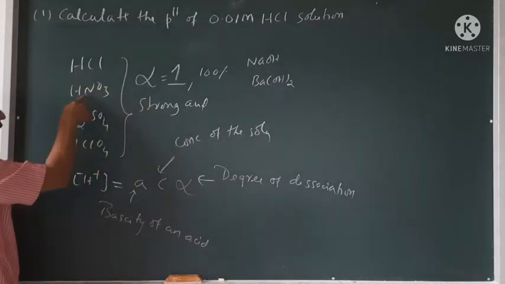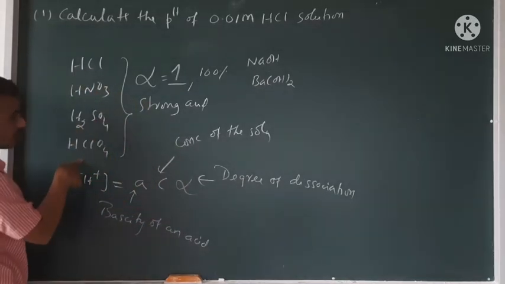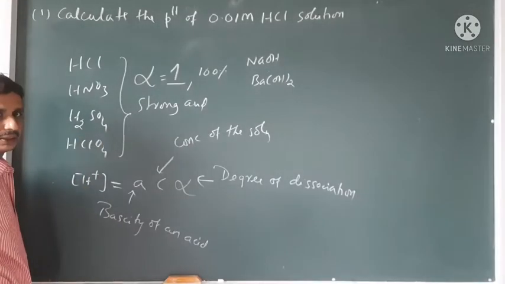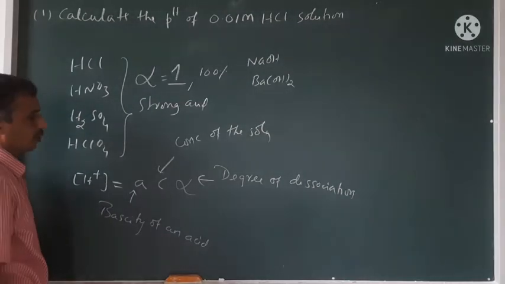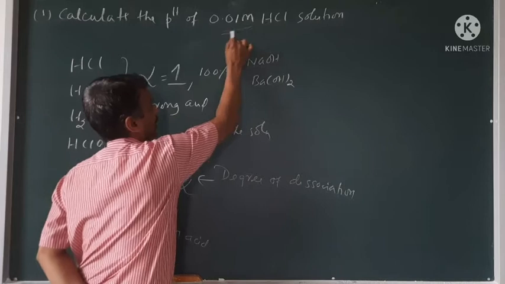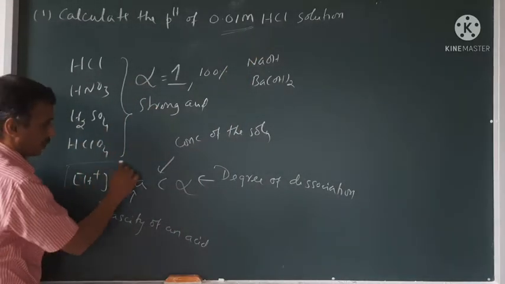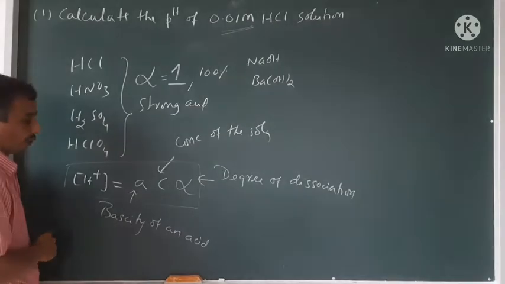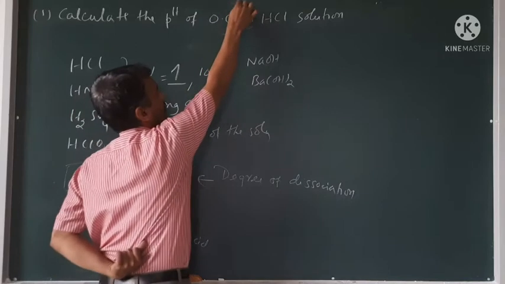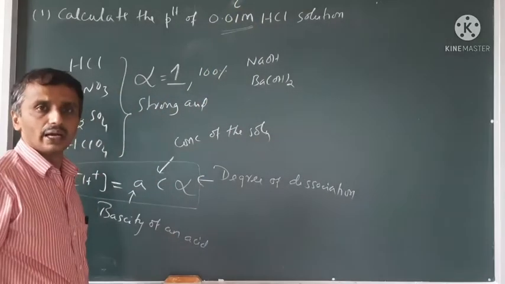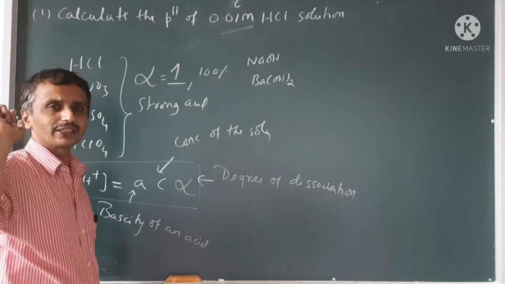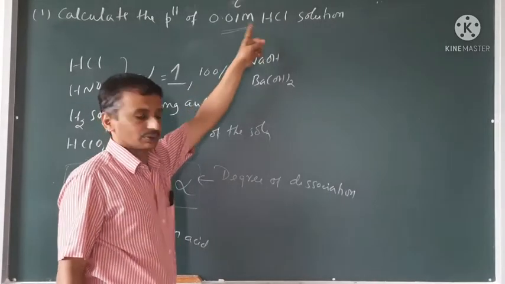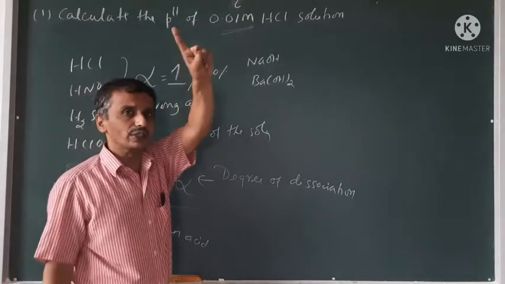So HCl, HNO3, H2SO4, HClO4, they are all strong acids. So for them, alpha is 1. And when the concentration is in molarity, this formula applies. So you see, this is the C value, and that will be the H plus ion concentration also, because the basicity for HCl is 1 only.